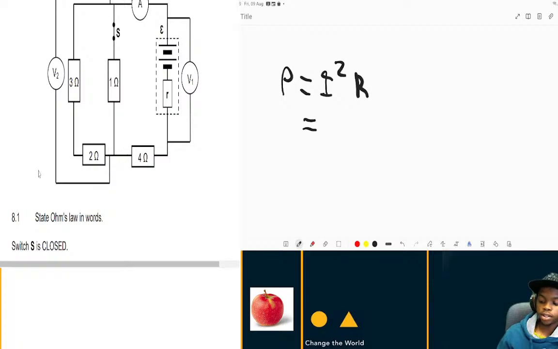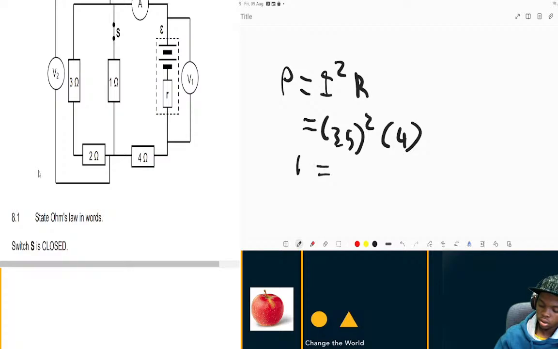This is the 4 ohm resistor, right? And we'll have our total current, which is 3,5 squared, and our resistance, that's 4 ohms. So our power, calculate out.